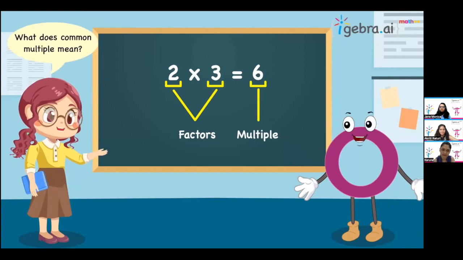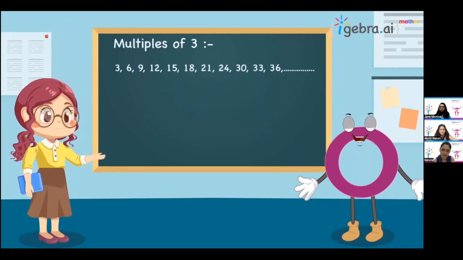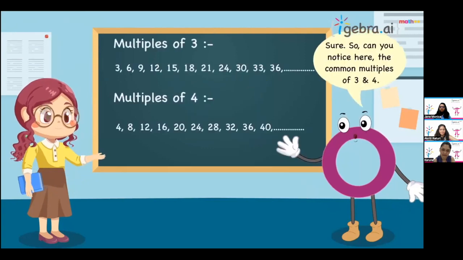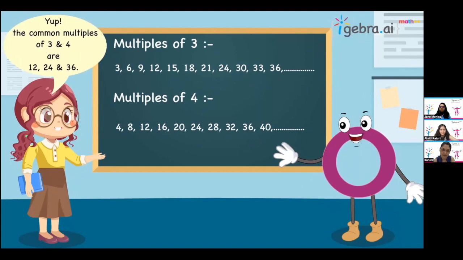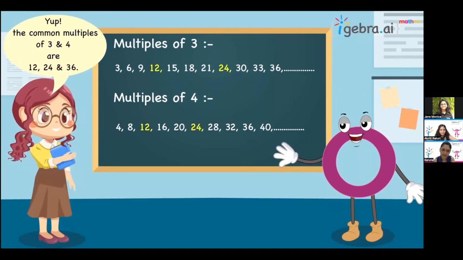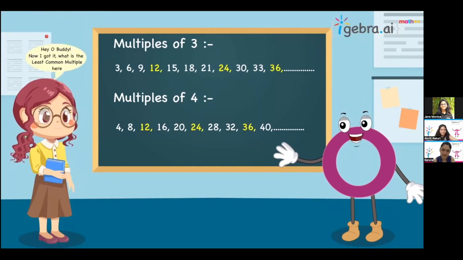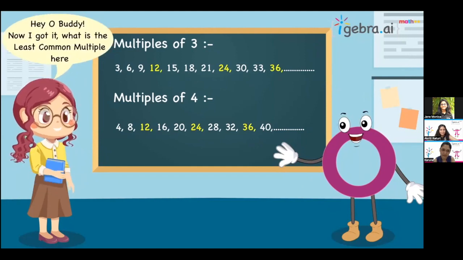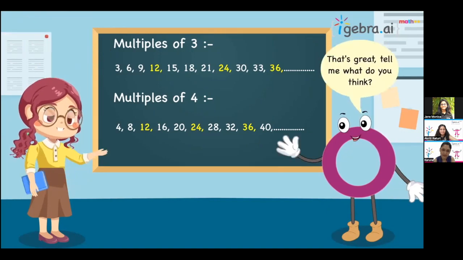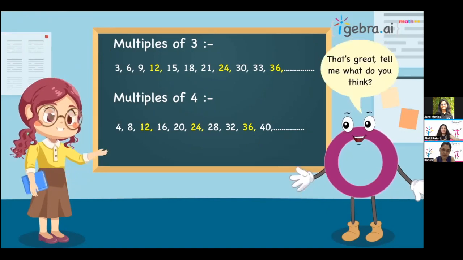What does common multiple mean? Sure. So, can you notice here the common multiples of 3 and 4? Yep, the common multiples of 3 and 4 are 12, 24 and 36. Hey, iPi buddy, now I got it. What is the least common multiple here? That's great. Tell me, what do you think?